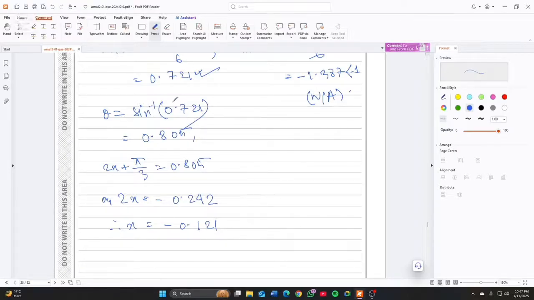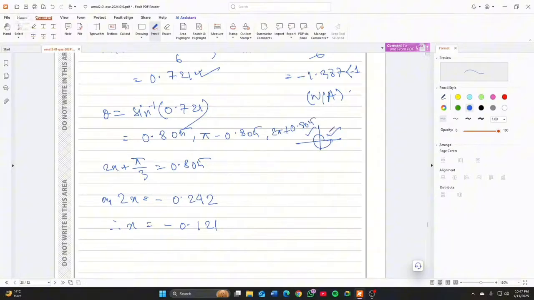Sine is positive in the first quadrant, and also in the second quadrant. So we can find this by doing pi minus 0.805. And this value will be positive again after a complete revolution, so we can also do 2 pi plus 0.805.